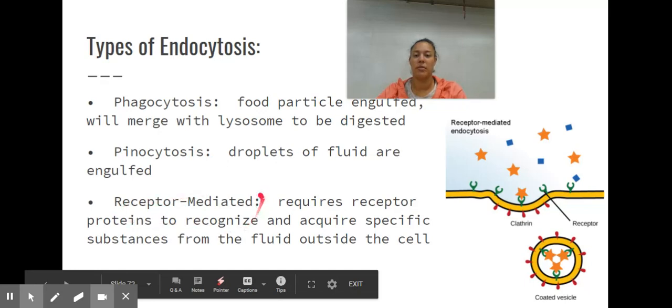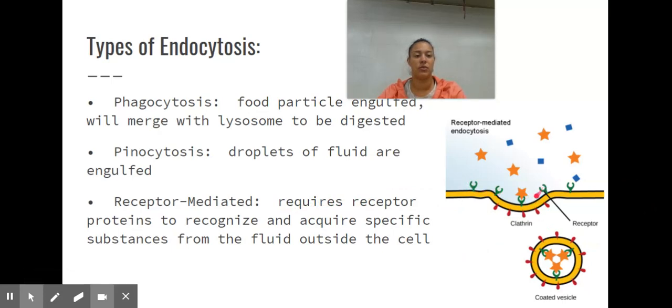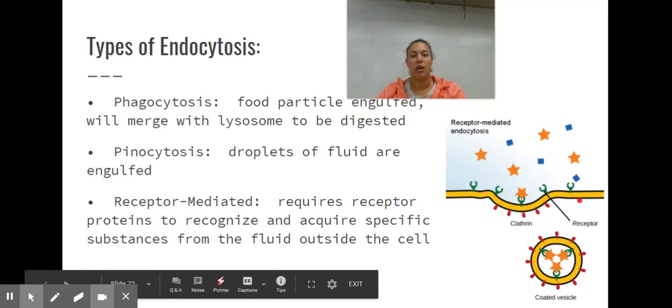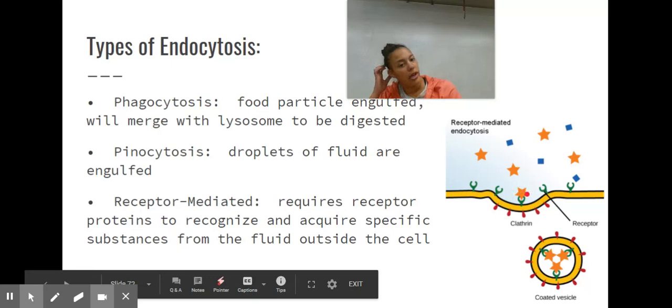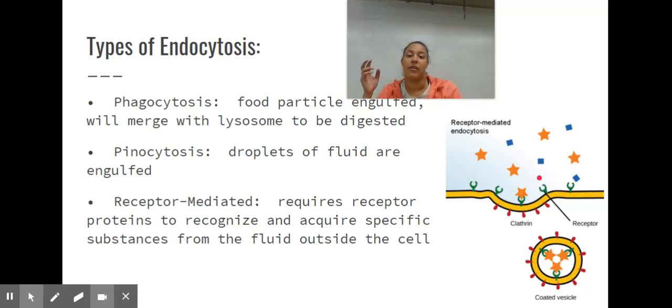And then receptor-mediated endocytosis is this example over here on the side. So we see these green circular pieces. Those are the receptors. Those are going to communicate, hey, there's something that is attaching over here. Is it good? Is it bad? And this is going to be something more like the medication stuff, that will be able to enter into the cell.